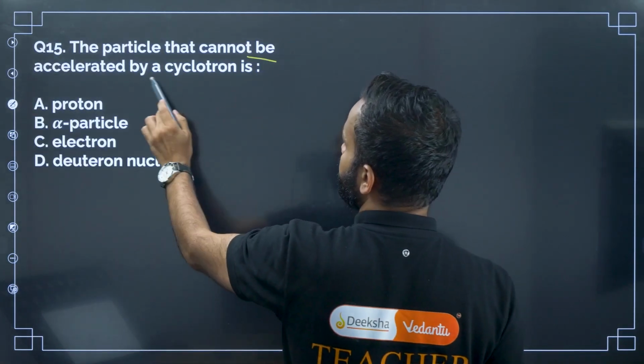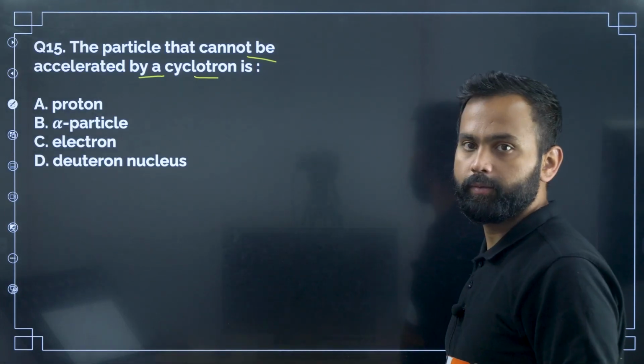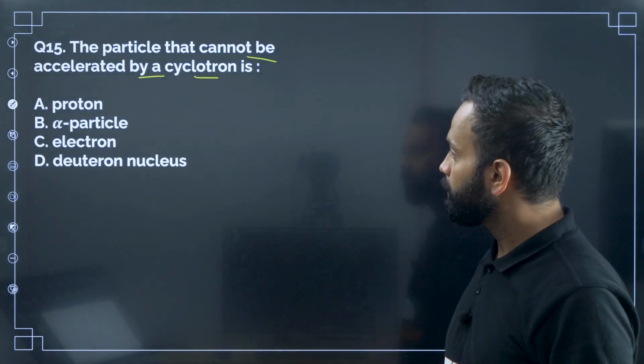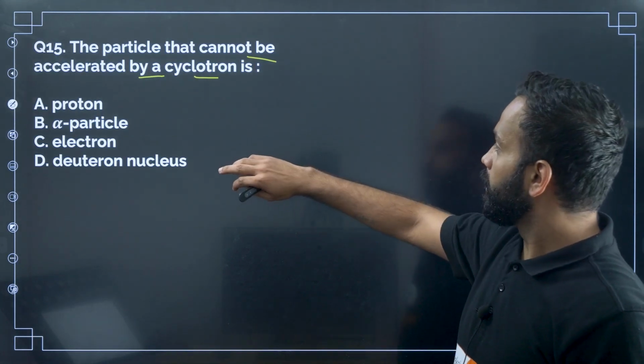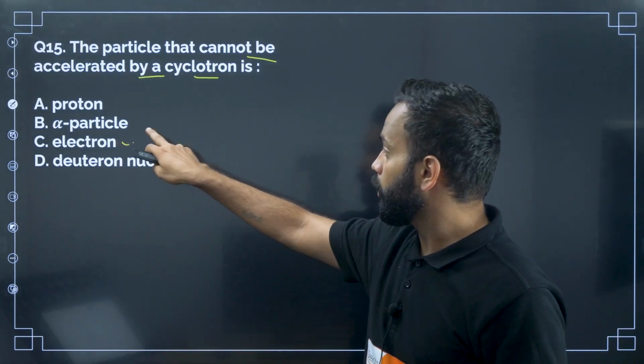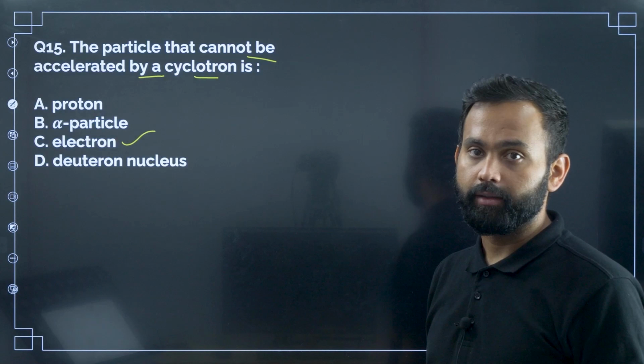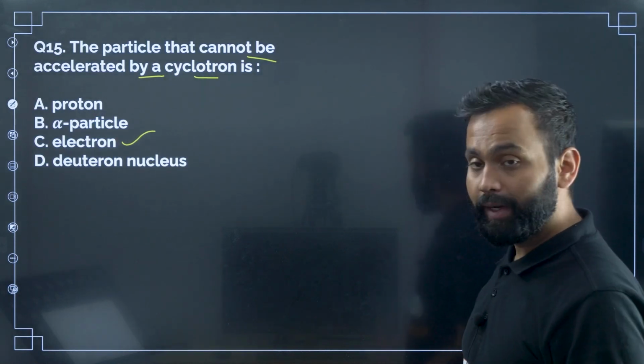The particle that cannot be accelerated by the cyclotron is, they have given proton, alpha particle, electron and deuteron nucleus. Here the electron cannot be accelerated through the cyclotron, right? Why?